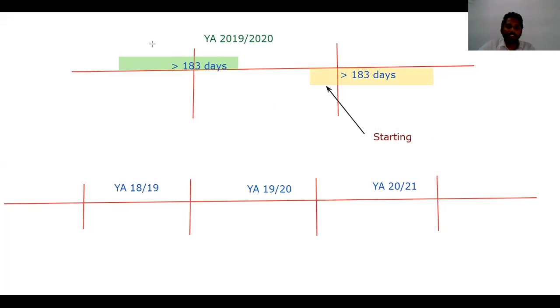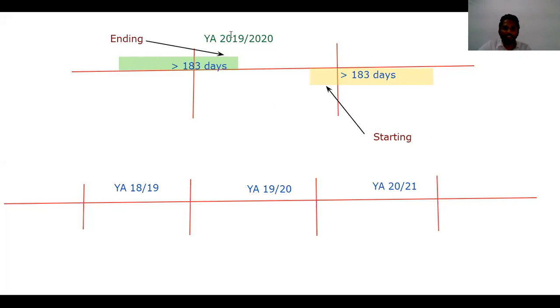Then here it's ending. The definition I am explaining here: ending during the year. He is completing. Ending is here.